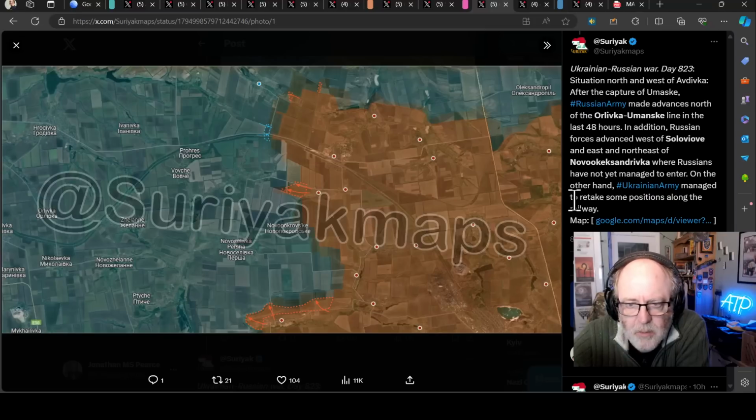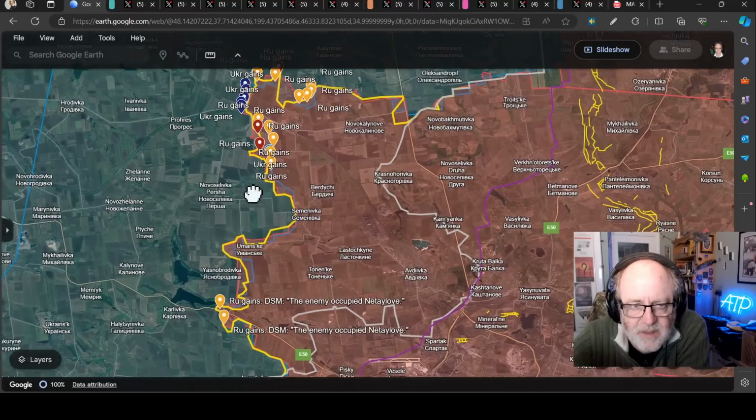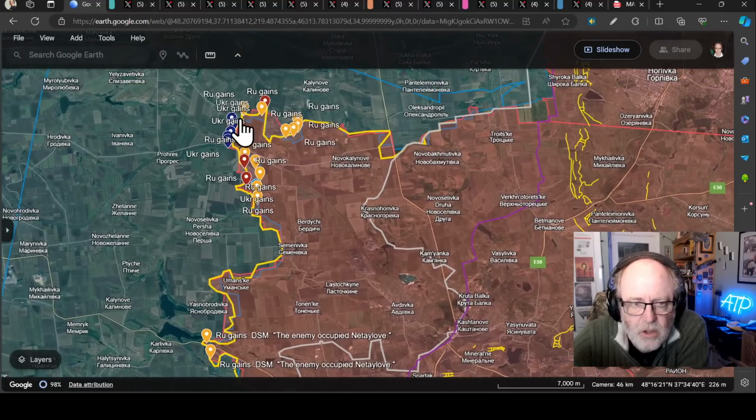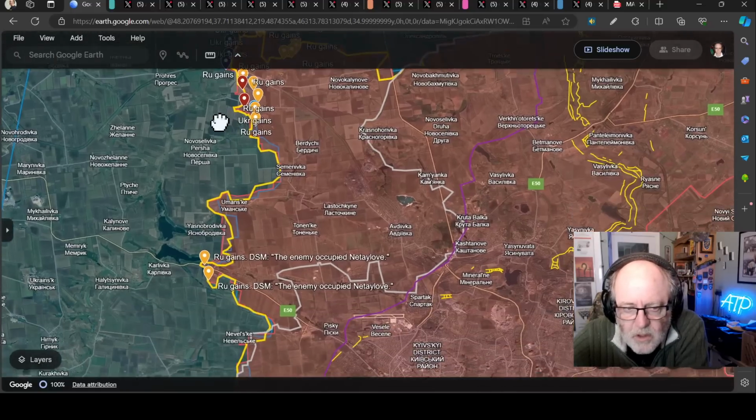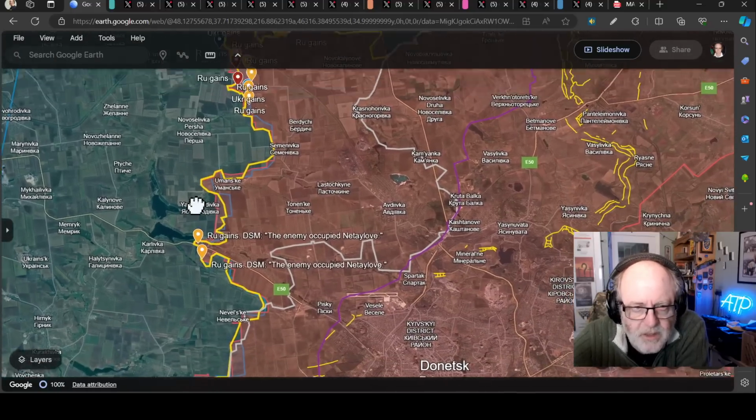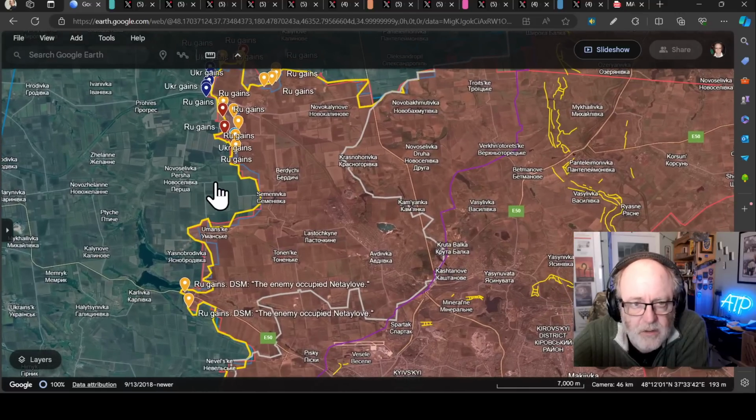On the other hand, the Ukrainian army managed to retake some positions along the railway, as mentioned there. So that's a claimed counterattack. We can't always assume it is. Sometimes Suriyat Maps just claims that Ukrainians counterattack, but actually it's evidence that the Russians had never taken that ground in the first place. So yeah, interpret that how you will, absent of any other evidence.